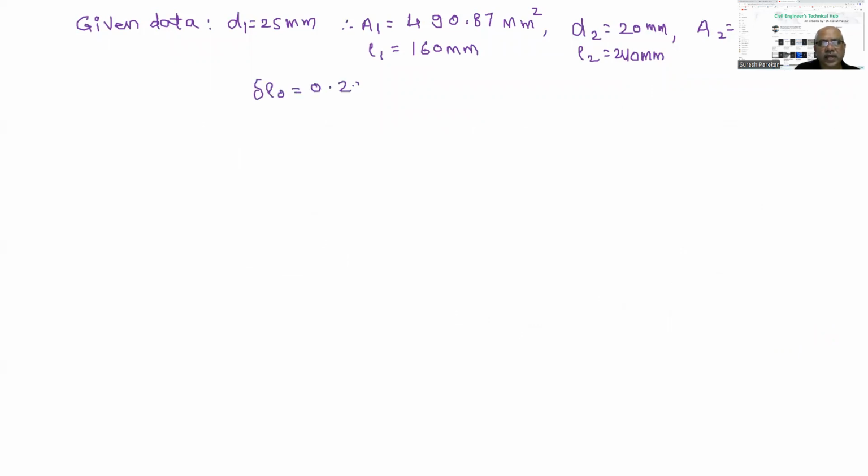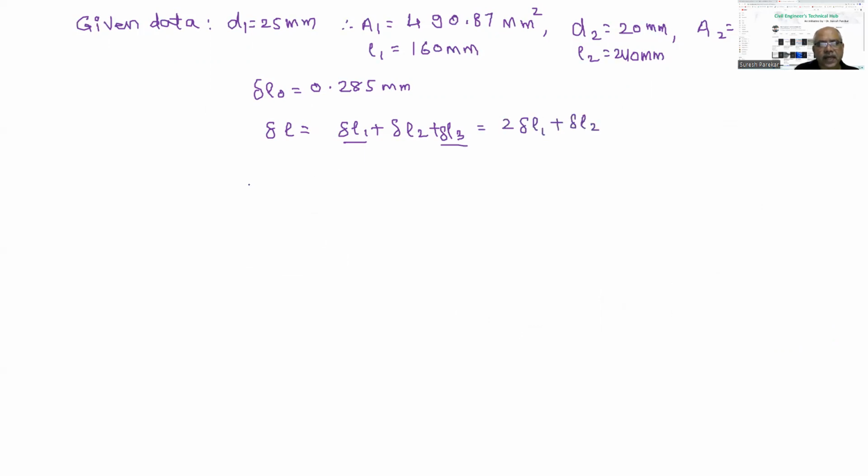Delta L overall is 0.285 millimeters. So now we will solve this. We have the simple formula delta L equal to delta L1 plus delta L2 plus delta L3. As the data for 1 and 3 are the same, I can write it as 2 delta L1 plus delta L2.